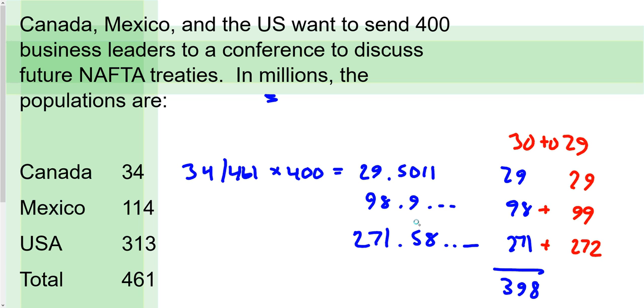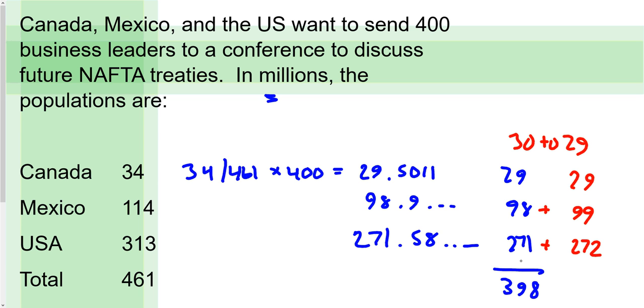So even though this has a 0.58 on it, you can make a case that perhaps USA doesn't need the extra representation because it already has so much that this amount of people can essentially be distributed among the 271 full groups without really changing anything, versus this, which has a bit of a bigger impact on the 29.